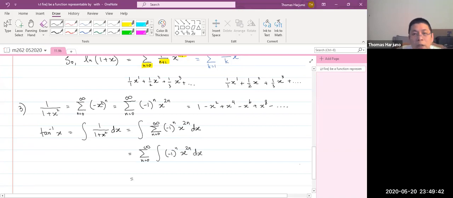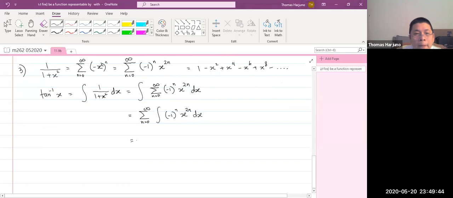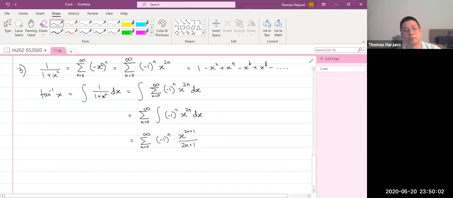Which will be negative 1 to the n stays the same, x to the 2n plus 1 over 2n plus 1. But because I integrate, don't forget I need to have plus c.